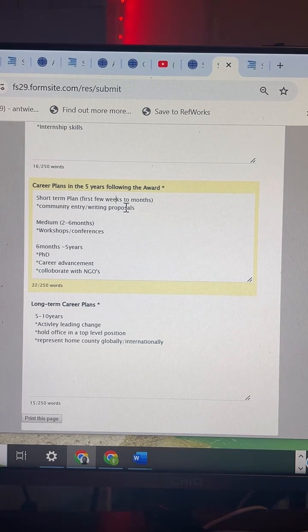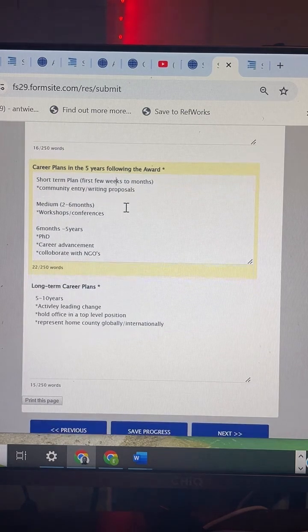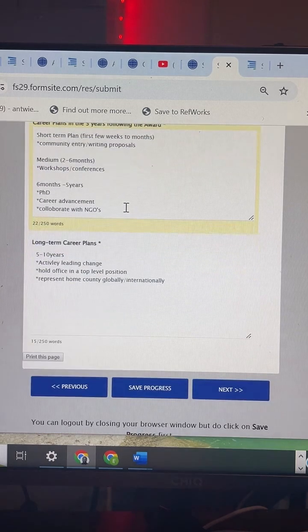If it's within your work environment, maybe you want to educate your colleagues about some techniques, some practices that they are not aware of. And then you move on to discuss your workshops, your conferences, and to know when the conferences and workshops will take place. And then in the next 5 years, you now want to maybe continue to do a PhD.